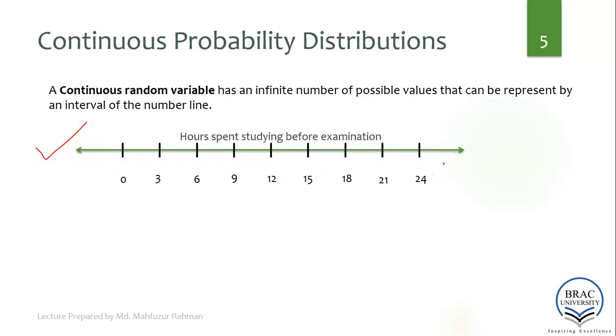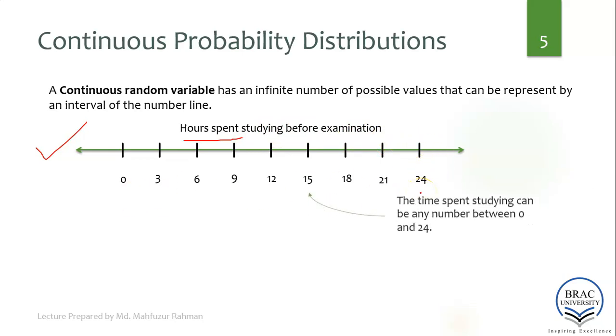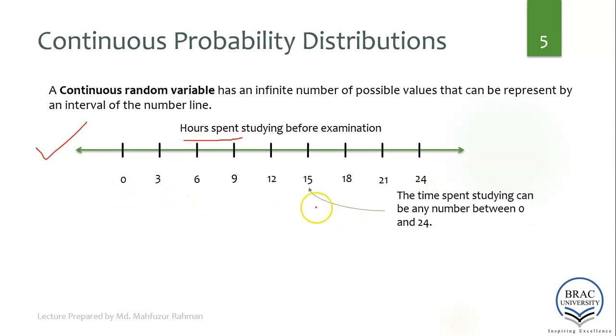We can define it as the hours spent studying before an examination. That's the hours or time points, you can say. That's the time spent studying, and it can be any number between 0 to 24 hours. And this is actually a continuous random variable example.